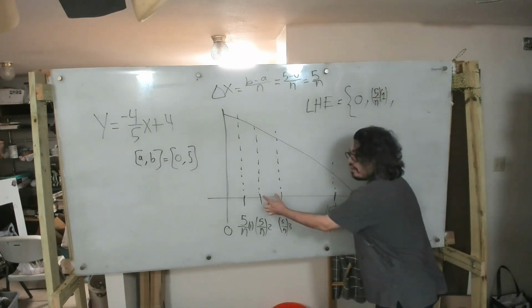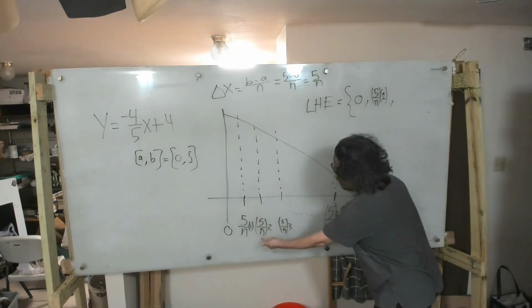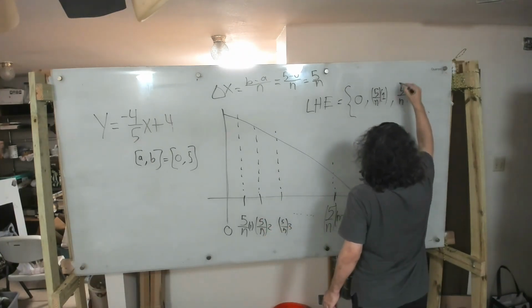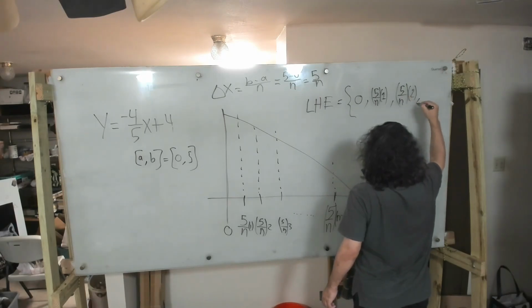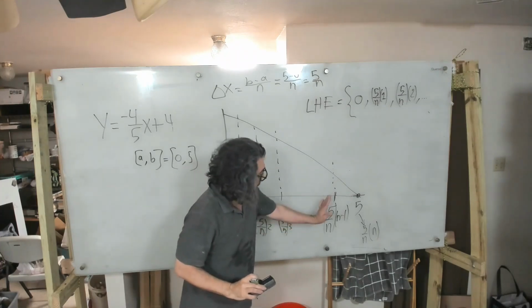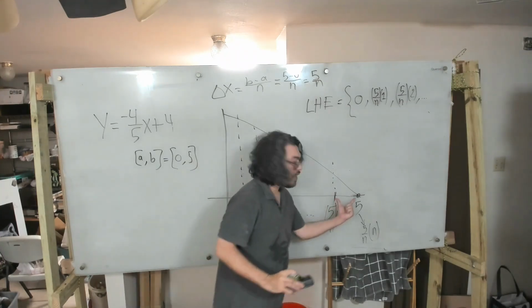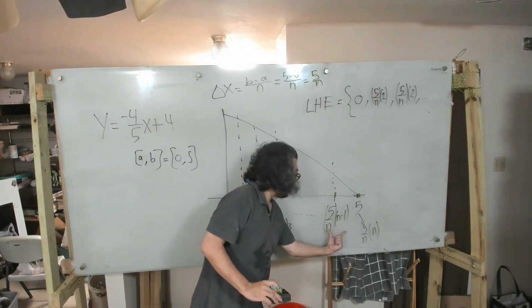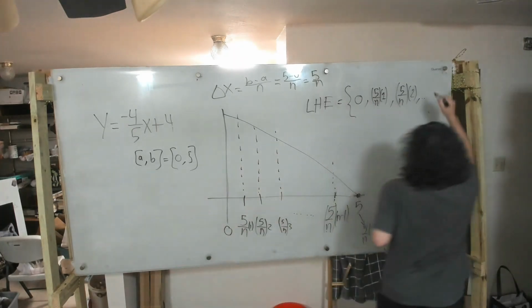For our third rectangle, our left-hand endpoint is 5 over n times 2. For dot dot dot. And then our final rectangle will be this one. So our final left-hand endpoint would be 5 over n times n minus 1.